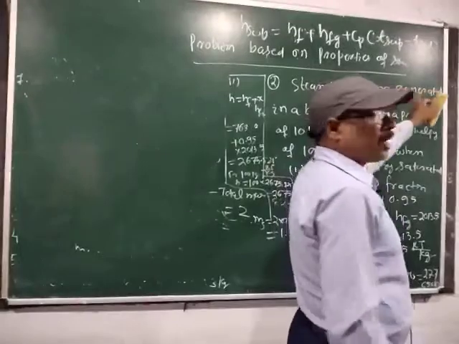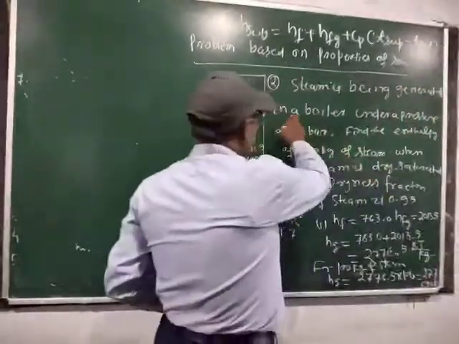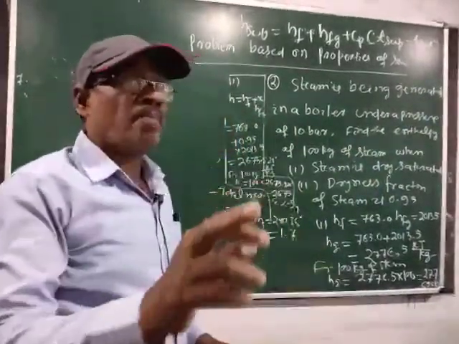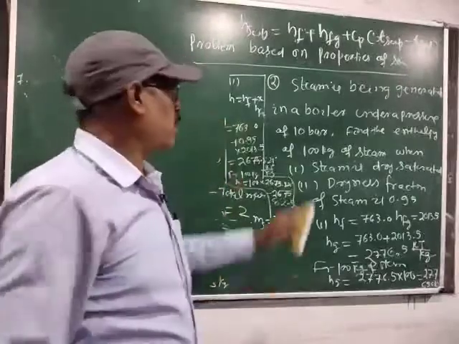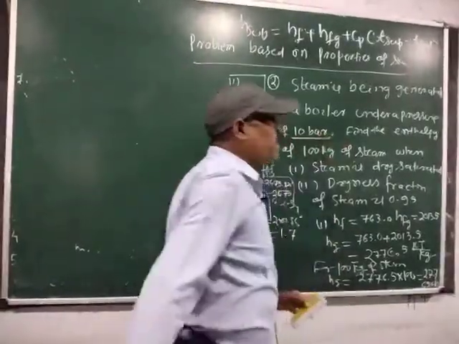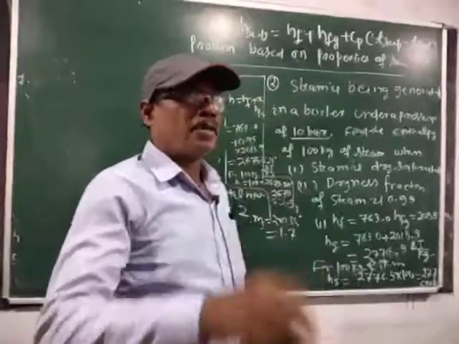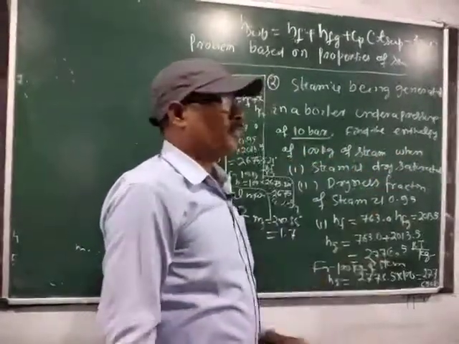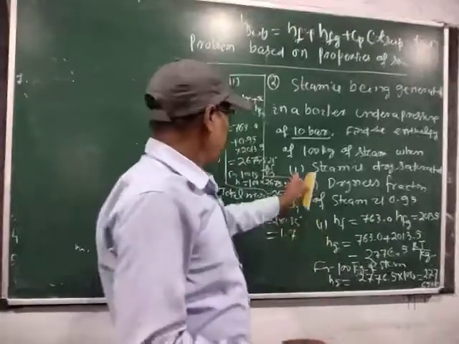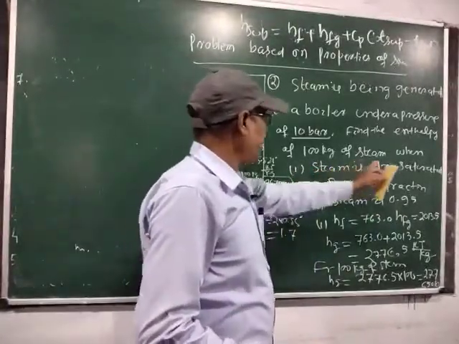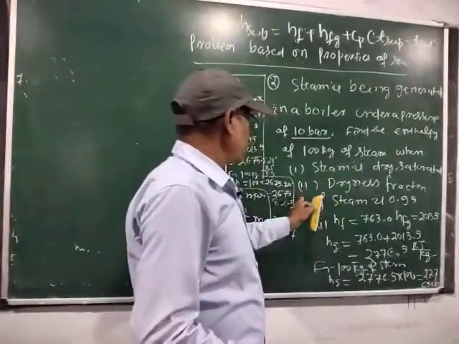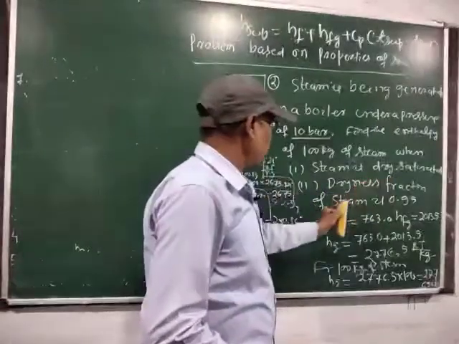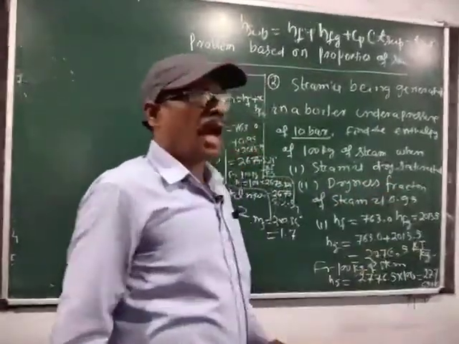Steam is being generated in a boiler under a pressure of 10 bar. Find out enthalpy of 100 kg of steam when (1) steam is dry saturated, (2) dryness fraction of steam is 0.95.